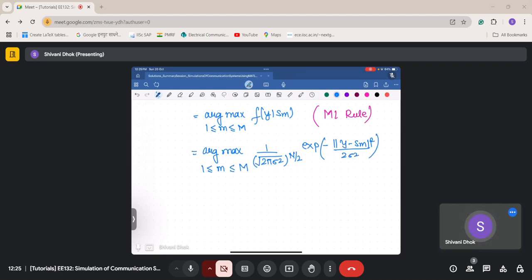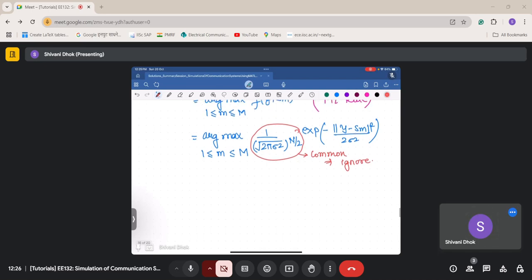Now again, this part is common, can ignore, and we'll take the natural log for all m.